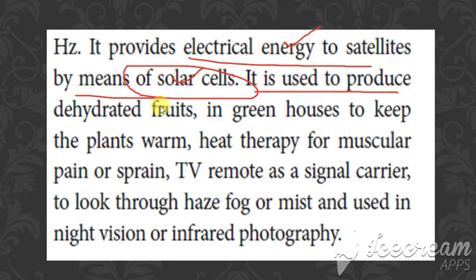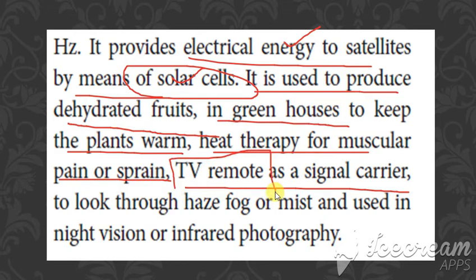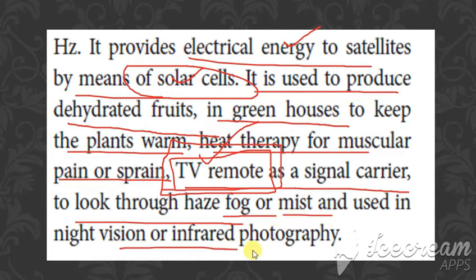It is also used to produce dehydrated fruits, in greenhouses to keep the plants warm, for heat therapy for muscular sprain, and in the TV remote as a signal carrier. We have seen this, is it not? The TV remote has a red color light. That is nothing but IR light. It is also used to look through haze, fog or mist for photography.